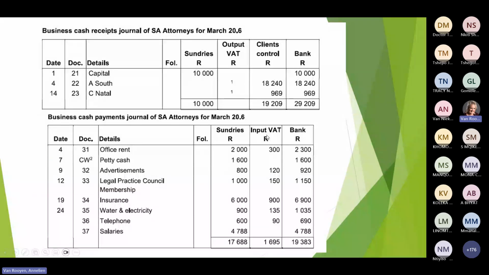Like this side, you have a column for the input VAT, so you can have extra columns. There's no fixed rules, but you need to have one for the client, one for the bank, and one for the sundries. Those are your main ones that you will use most often in your questions.